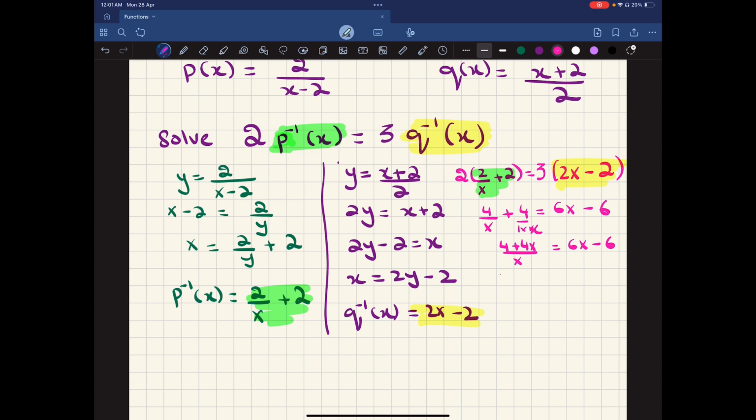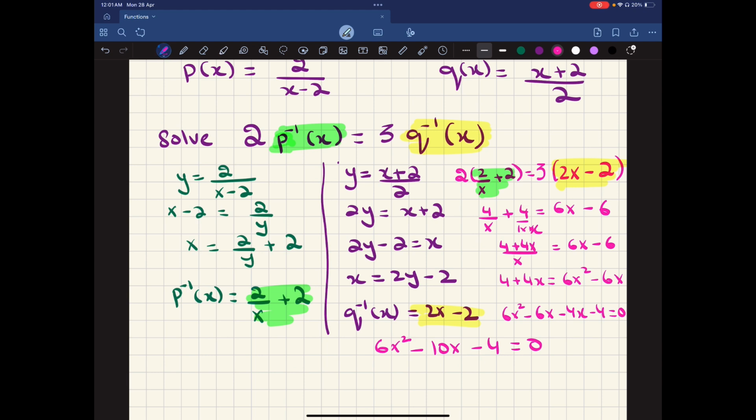Let's take x to the other side. So 4 plus 4x is equal to 6x squared minus 6x. 6x squared minus 6x minus 4x minus 4 is equal to 0. So what do we have? We have 6x squared minus 10x minus 4 is equal to 0.